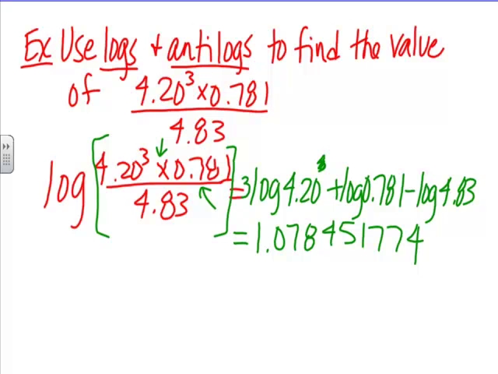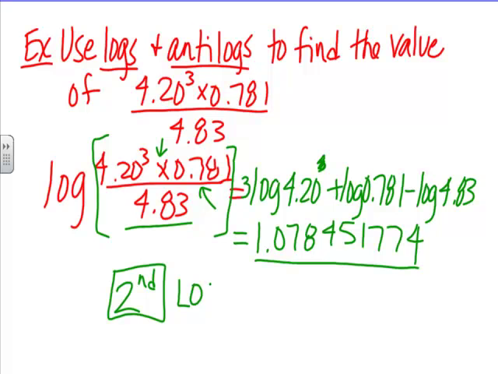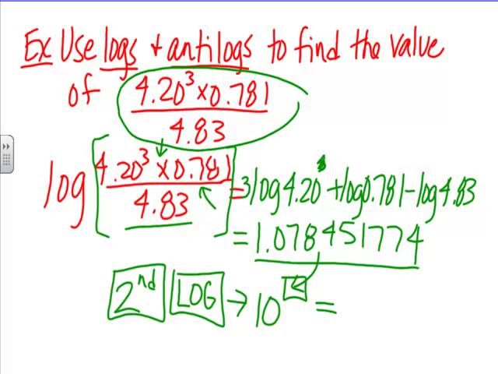Now, where does this whole anti-log come in? Well, by taking the logarithm of this stuff, I get this number. But now what I need to do is take my anti-log. So I'm going to go in reverse, because I want to say, okay, if the logarithm is this value, I would hit second log and type this in. And if you recall, this is going to produce a 10, and then I'm going to type this into this position. Then I will find out what this right up here is equal to.